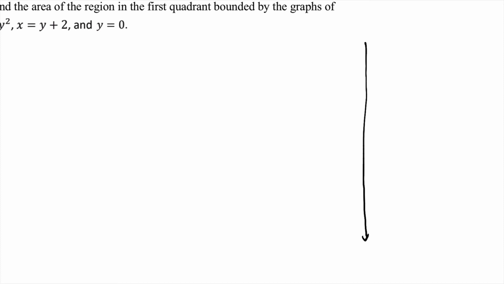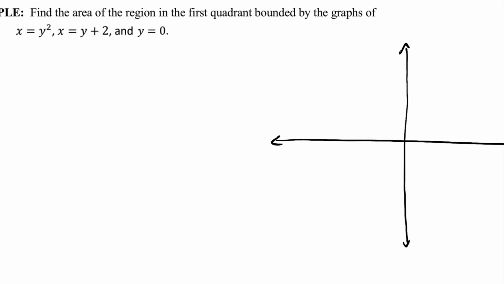So I'm going to draw a picture real quick. The first one is x equals y squared. How do I graph that? If it was the other way, y equals x squared, I know what that looks like, a parabola.